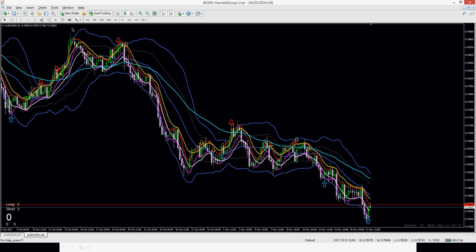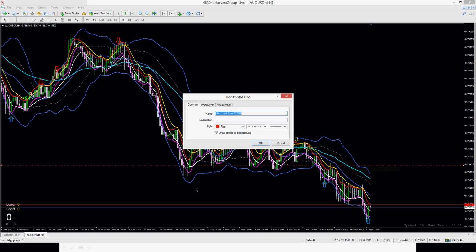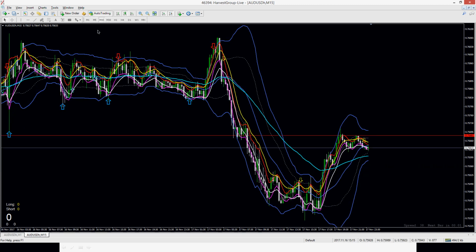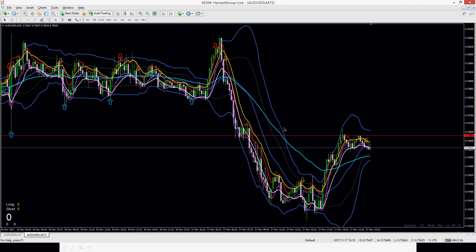Let's just say that we enter sell at this point over here, and as soon as we reach 10 pips, that's your 10 pips over there. Hang on, this is a higher time frame. Let me go to a lower time frame. Sorry about that. So for example, we enter sell over here.